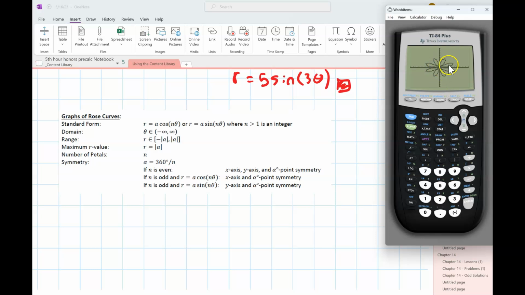And we also have rotational symmetry. If I spin this some number of degrees, it's going to be the same picture, right? All I have to do is spin it like 1 petal degree. You kind of see that? And then likewise, if n is odd and we have cosine, it's x-axis and alpha point. If n is odd and we have a sine, we have y-axis and alpha point.